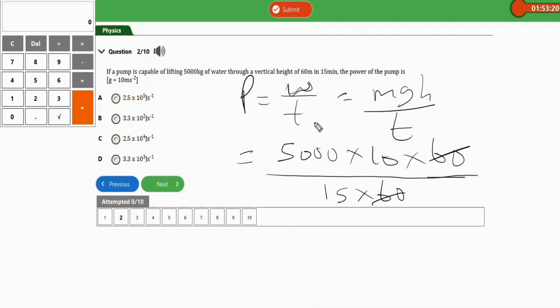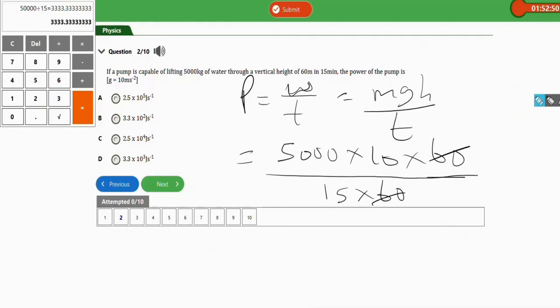Let's punch this on the calculator: 5,000 times 10, divided by 15. So we have 333.33333. Looking at this, the correct option will be option D.